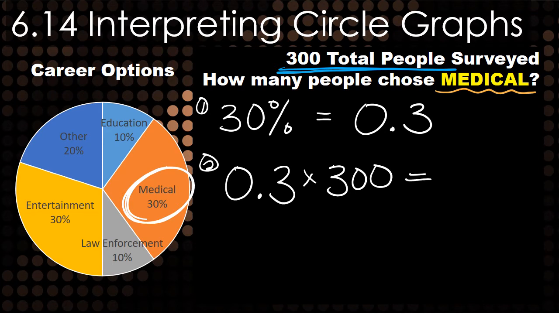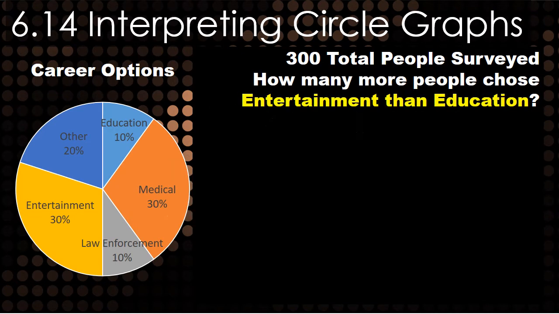With your calculator out, you can do 0.3 times 300, and it will come out to 90 people surveyed that chose the medical profession.